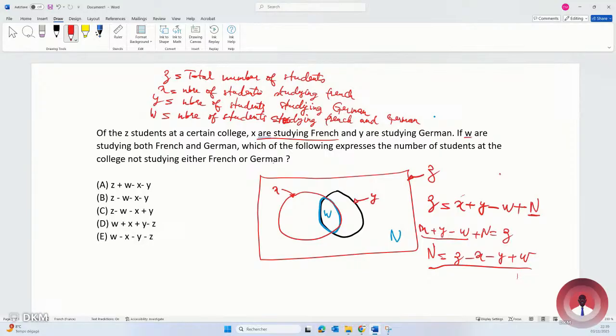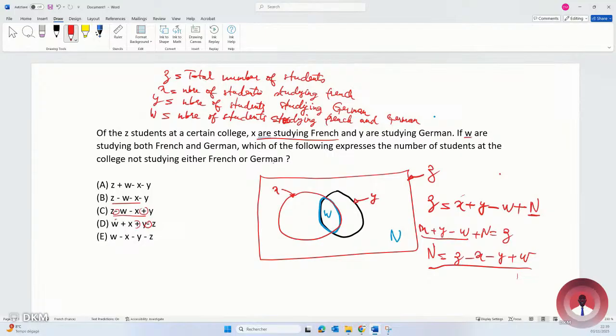Well, let us just be sure by checking all the other options. This is not it because W has a negative sign here. This as well is not the correct answer because we have a plus here, we have a minus here. This is not it because we have a Z with a minus.